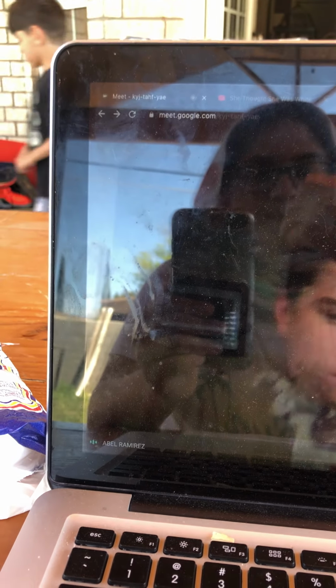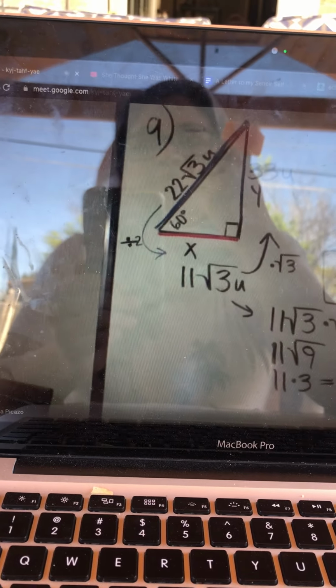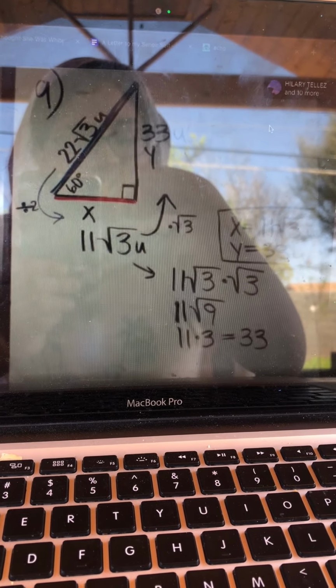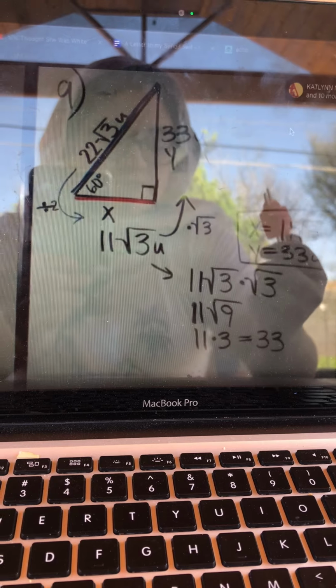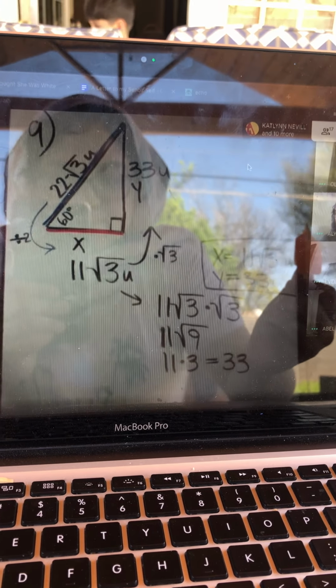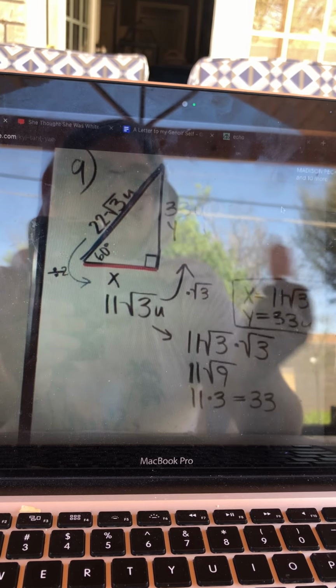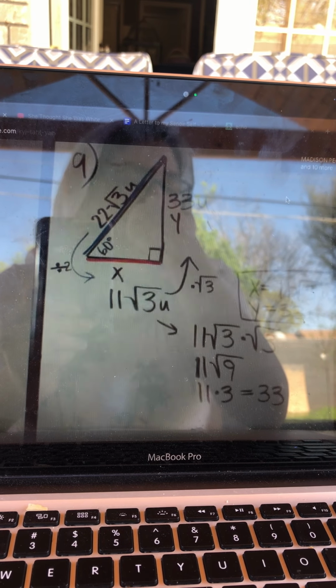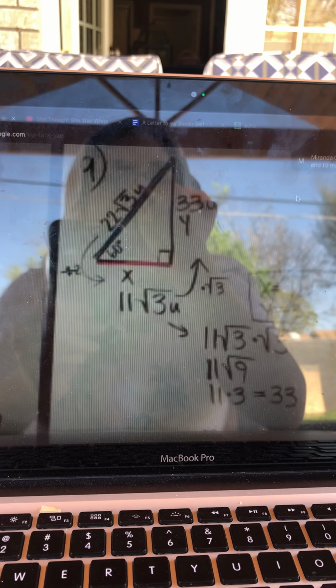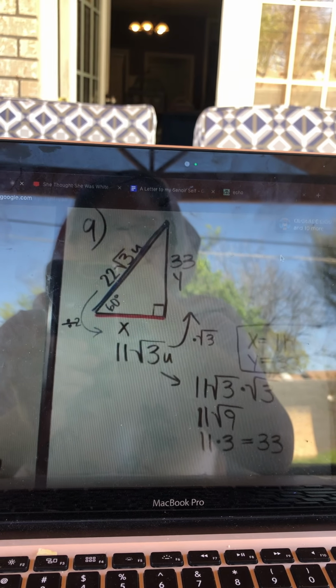Any other questions on this one? Anybody still writing it down? If you are still writing it down, say something. No?